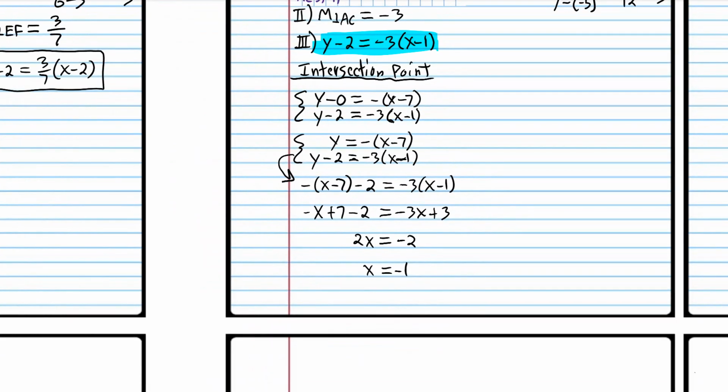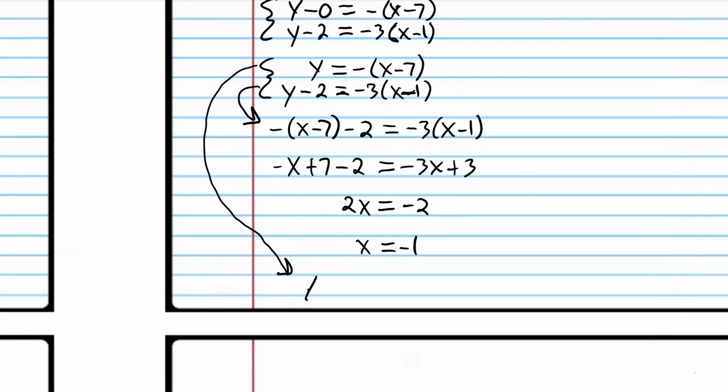So now we take the equation where y is solved for, and we use that to find the y value by just plugging in the x value we just found. And thankfully the math on that is pretty easy.